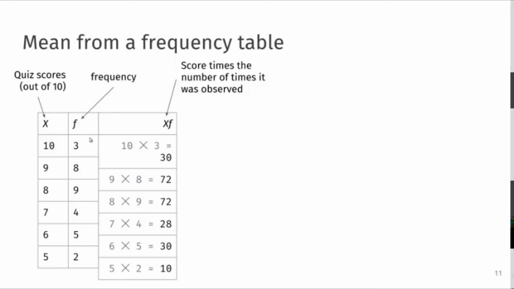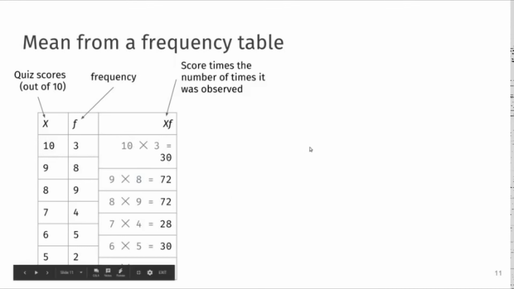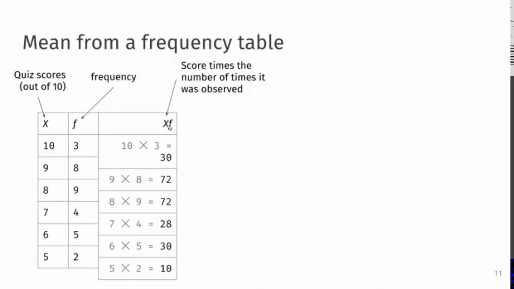So we saw the score of 10 3 times, 10 times 3 gives us 30. 9 times 8, 72, and so forth. So again, this is just some fairly simple arithmetic, but we summarize it using this variable notation. So x times f looks like that.